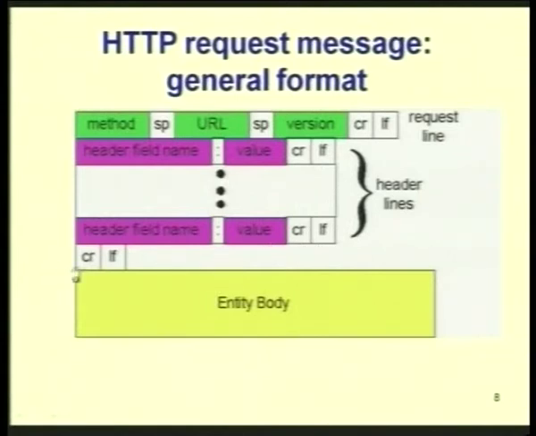Then there is a carriage return line feed which terminates this entire set of header lines. This is followed by the entity body. Here again, if it is a GET message, this entity body will be empty, but if it is a POST message where you are posting some information to the server, then whatever needs to be posted would be present as the entity body. So, this is the overall general format for a HTTP request message.